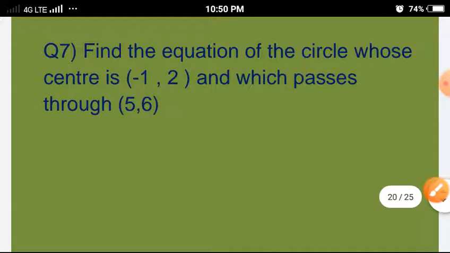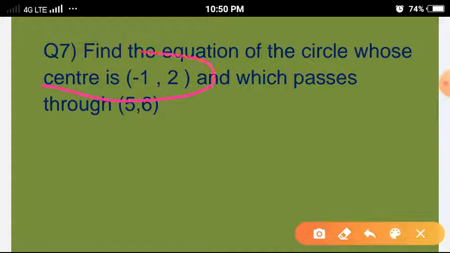Next question. Find the equation of the circle whose center is given as minus 1 comma 2, and which passes through the point 5 comma 6. Then we have to find the equation of the circle.